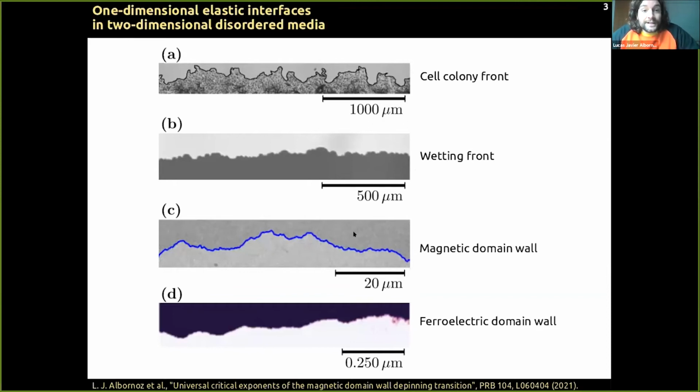In nature, there are many interfaces which may be seen as elastic interfaces lying in disordered media. Here in particular, I show you some examples of interfaces which may be seen as one-dimensional elastic interfaces lying in a two-dimensional disordered medium.